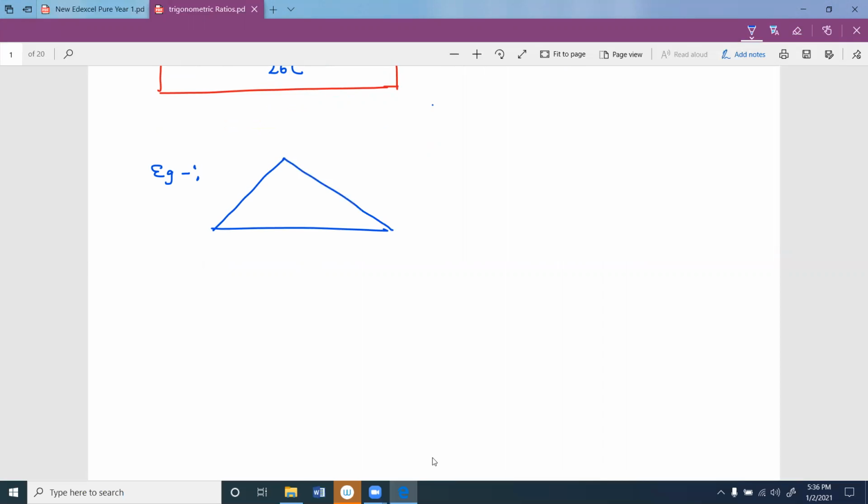They might give you A, B, C, and they have given this angle as 45 degrees. This side is 3 meters and this is 6 meters. The question is, find the length of BC.